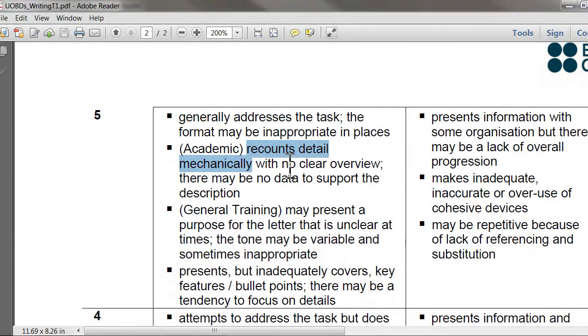No clear overview means that you haven't summarized the key points of the chart. So if we have this, you're limited to a 5.